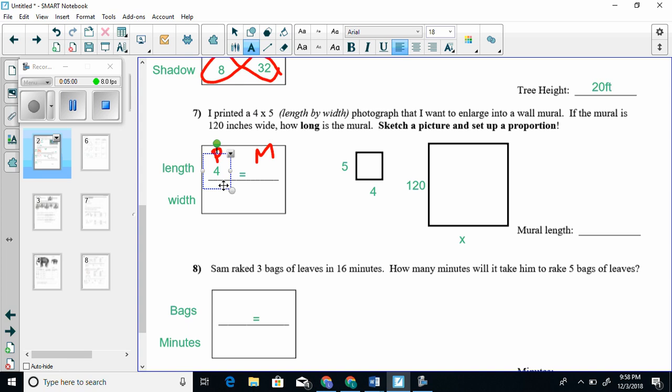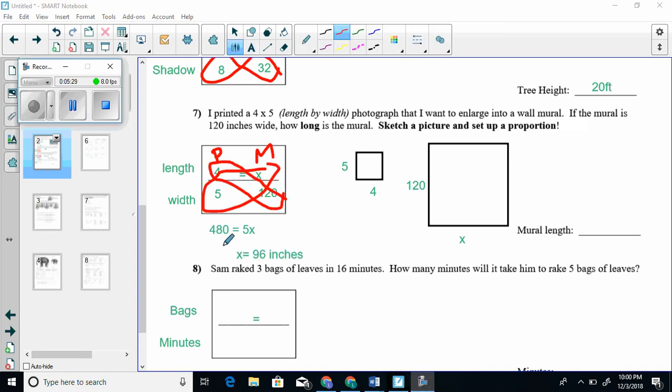So 4 is your length, 5 is my width. In the mural, I know that it's 120 inches wide. I don't know the length, or I'm sorry, my spelling messed up. I know that it's 120 inches wide, so that should go down here with my width, and I don't know how tall.